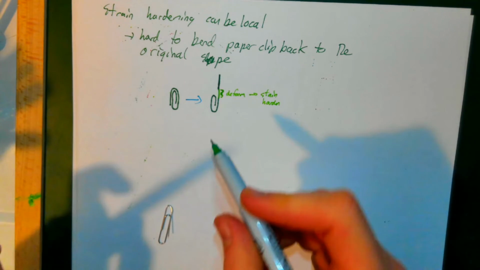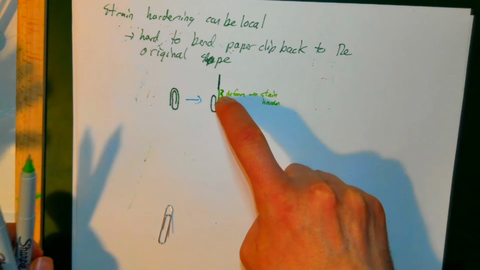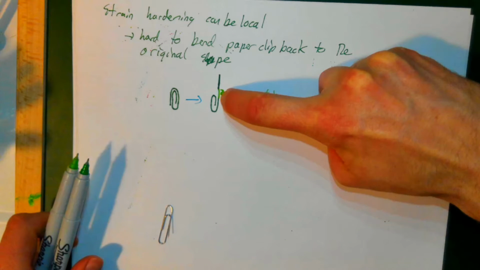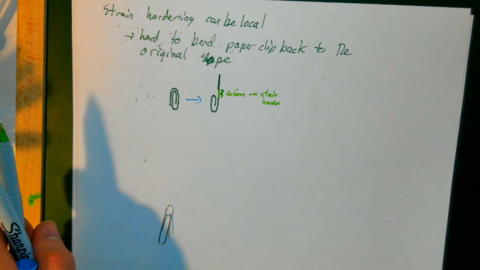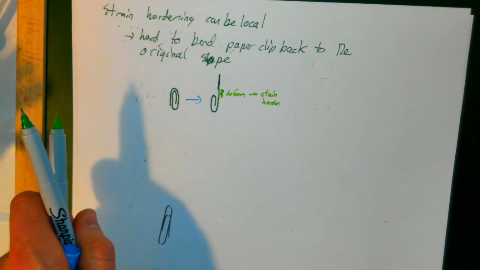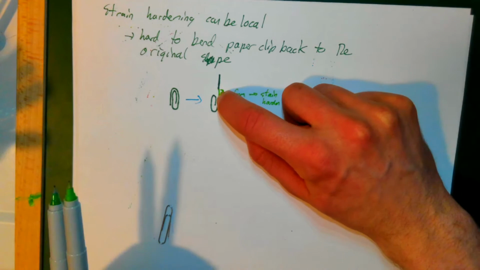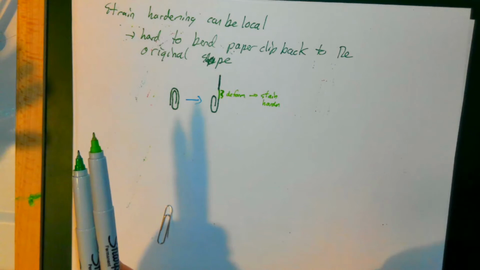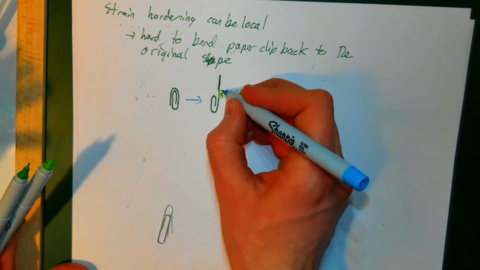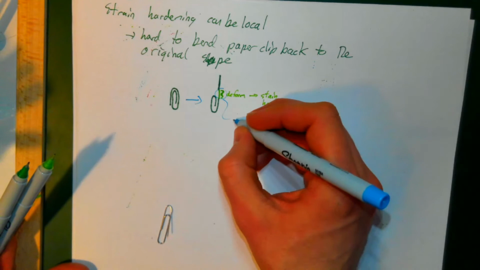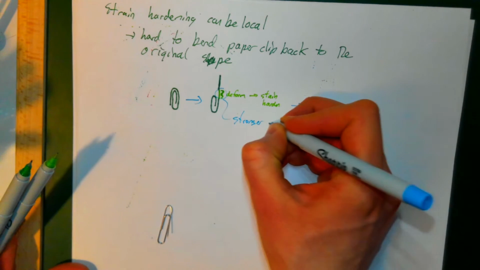So what does that mean? Well, that means I've basically altered the mechanical properties of this region right here. And if I've altered the mechanical properties of this region, when I go to bend it back, this part is now stronger than its neighbors.